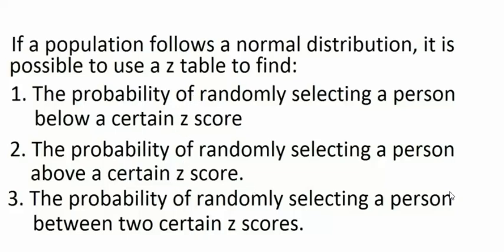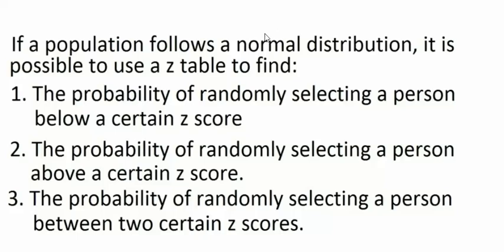We'll be solving all three of these, and we'll go through at least one example of each of these three situations. And I wanted to make my examples in this video as realistic or as close to real life as possible. So I decided to make all of the examples involving IQ scores, because we know a lot about IQ scores in the general population.